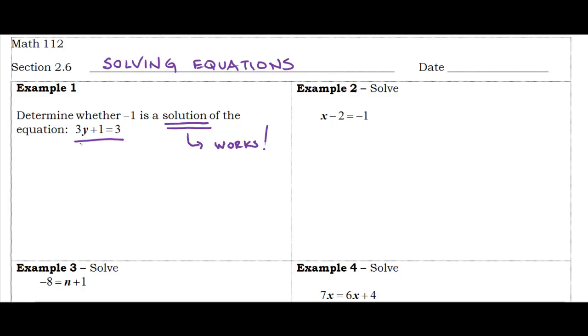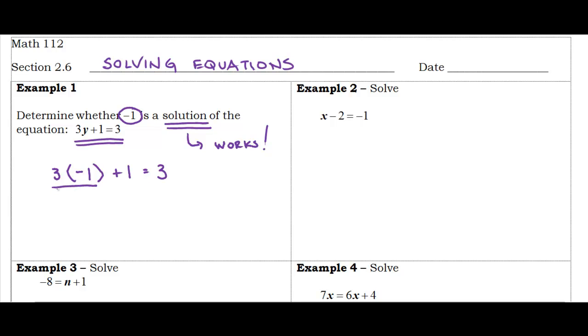So, we have 3 times something plus 1 equals 3, right? We said earlier, whenever you have a variable, and we're going to plug in for that variable, let's use parentheses. It says here, determine whether -1 is a solution, or if it works for y. So I plug in -1 for y, and let's see if it works.